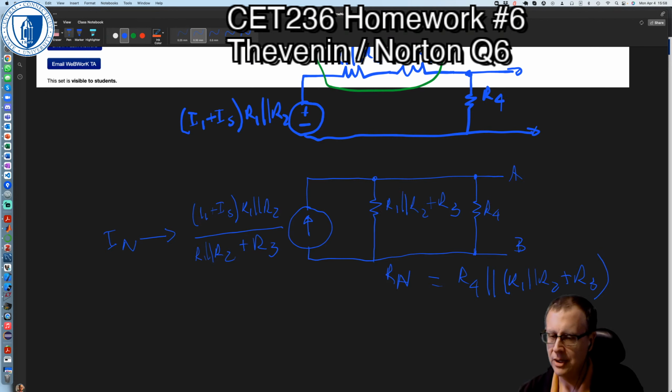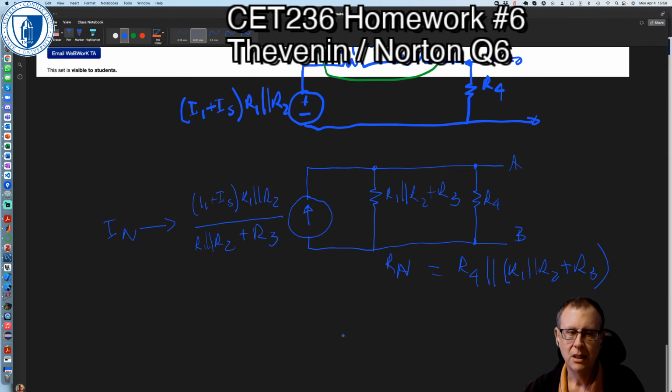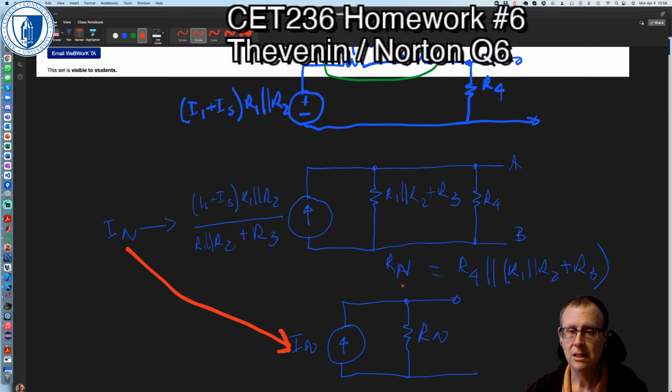Okay, and so the final circuit is just a Norton equivalent circuit, which is a current source and a parallel resistor, right? So where this one comes from here and this one comes from here.